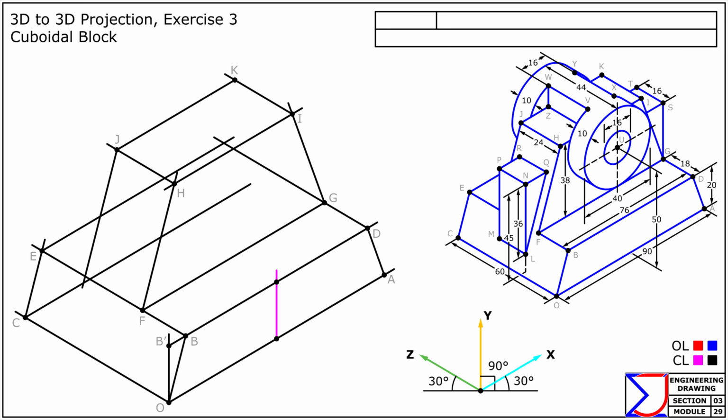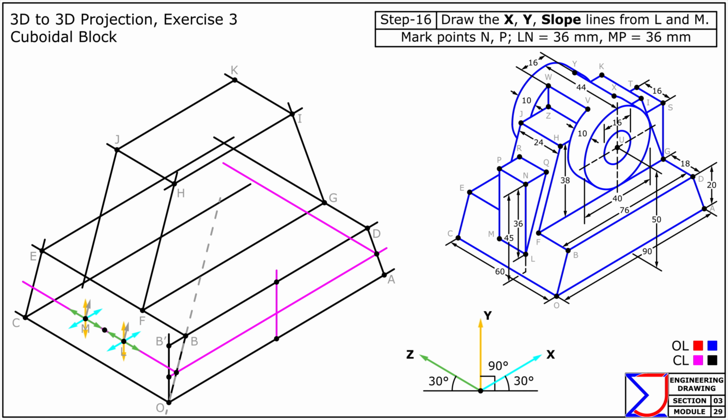With the framework in place, let's begin constructing the cuboidal block. First, mark points L and M as demonstrated. At points L and M, draw remaining parallel lines.